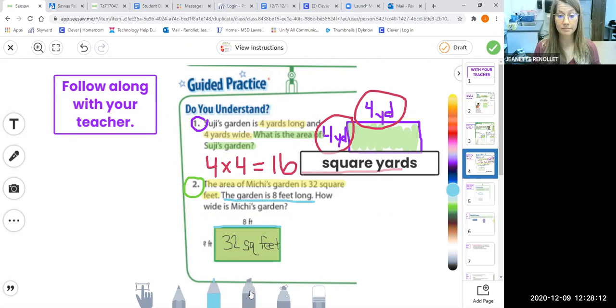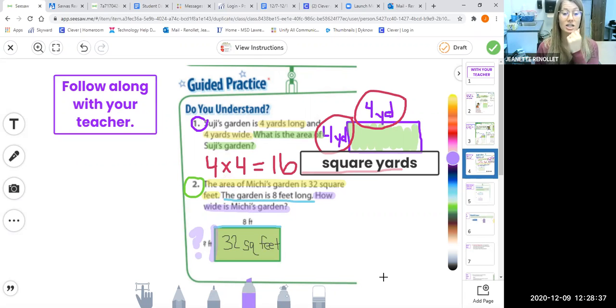Now my question. How wide is Michi's garden? Let's see, did they show on the model? They put a question mark. How wide is it? How can we figure this out?